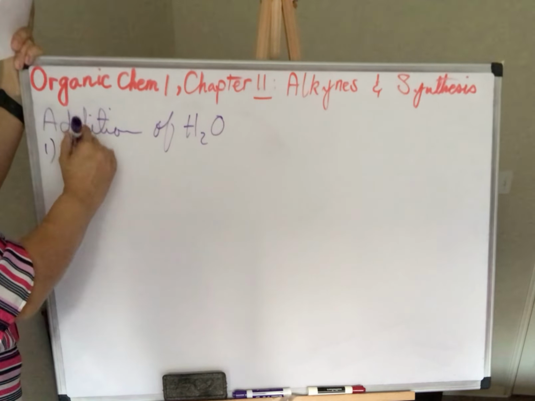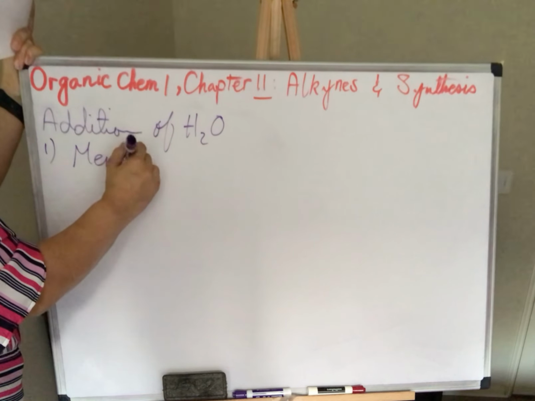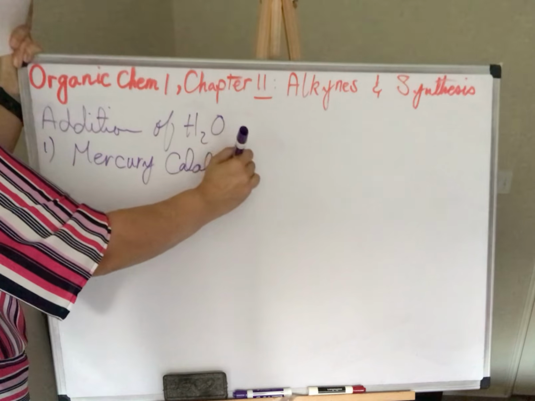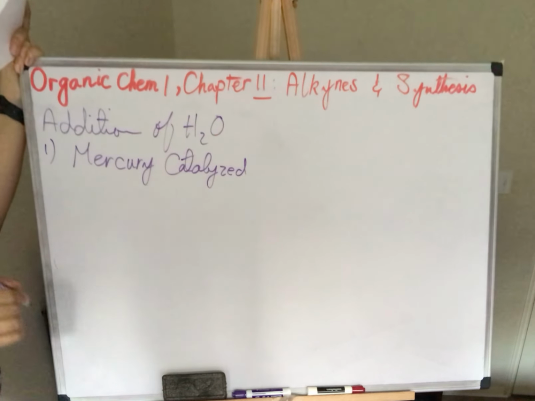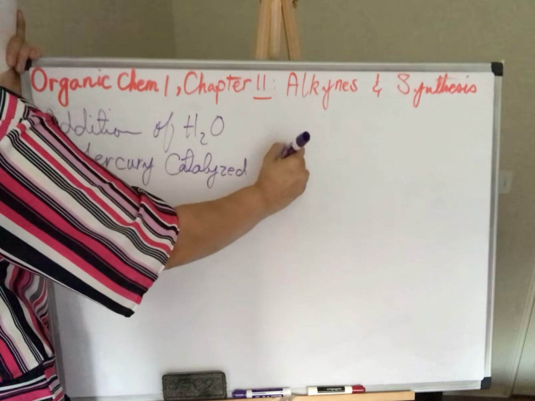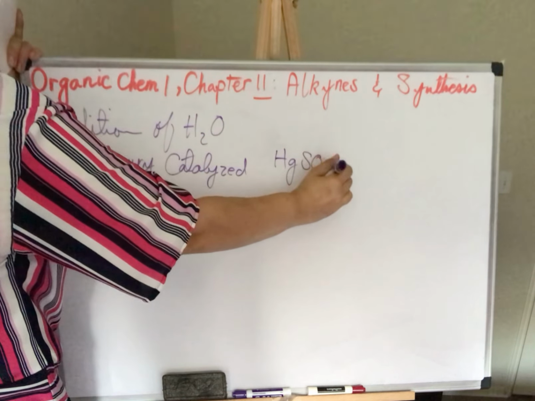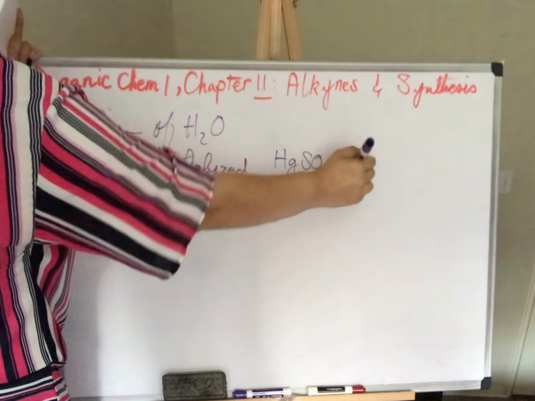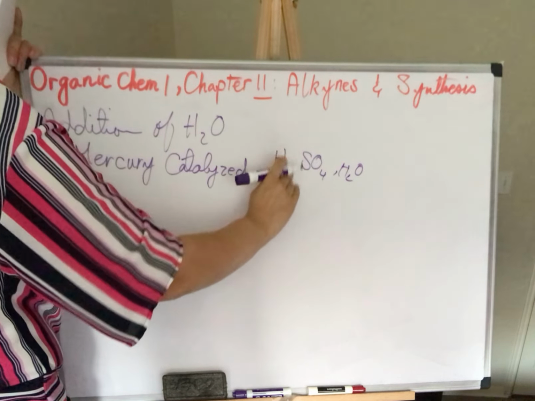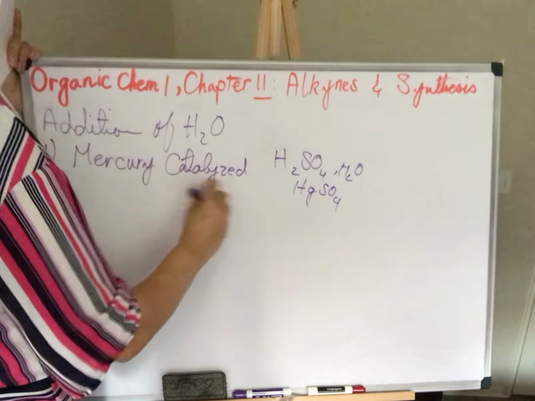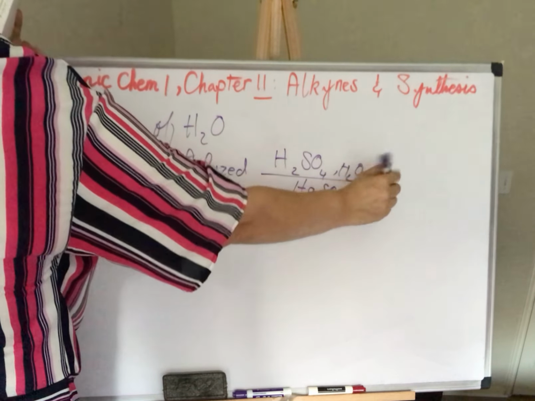First is mercury-catalyzed, very similar to oxymercuration. Again, you need to use mercury, but the reactant instead of mercury acetate is mercury sulfate in water, and HgSO4 on the arrow.